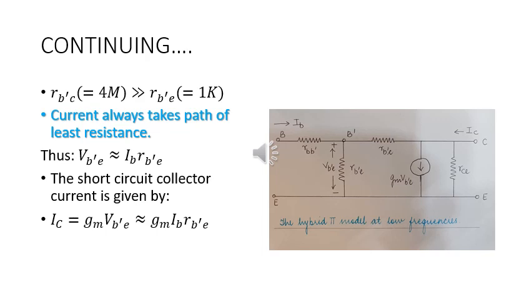Since current always takes the path of least resistance, VB'E is going to be equal to IB rb'e, because the base current is going to flow across the base spreading resistance, and instead of going on to rb'c, it will just flow through rb'e and go back. The short circuit collector current IC similarly is given by gm VB'E. It will not go through rb'c.